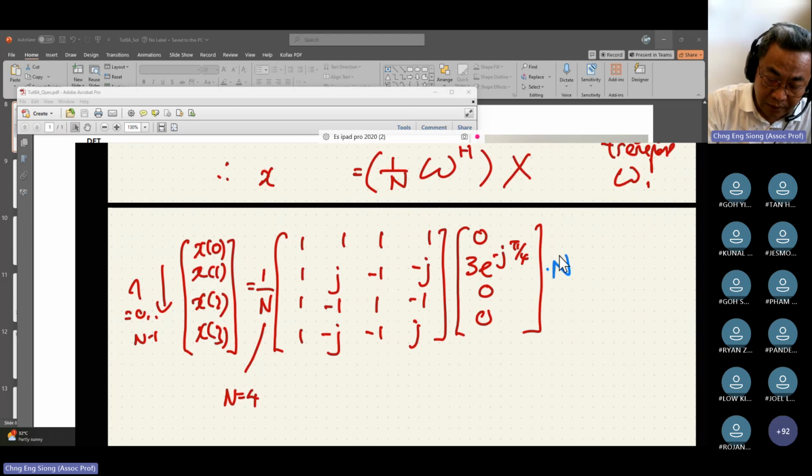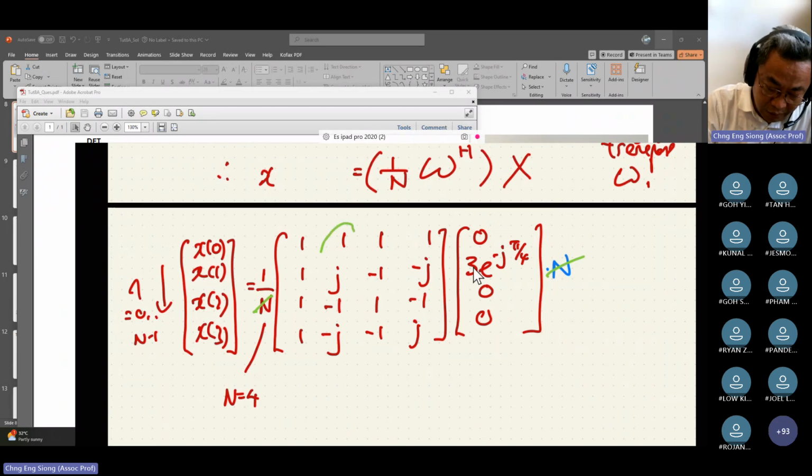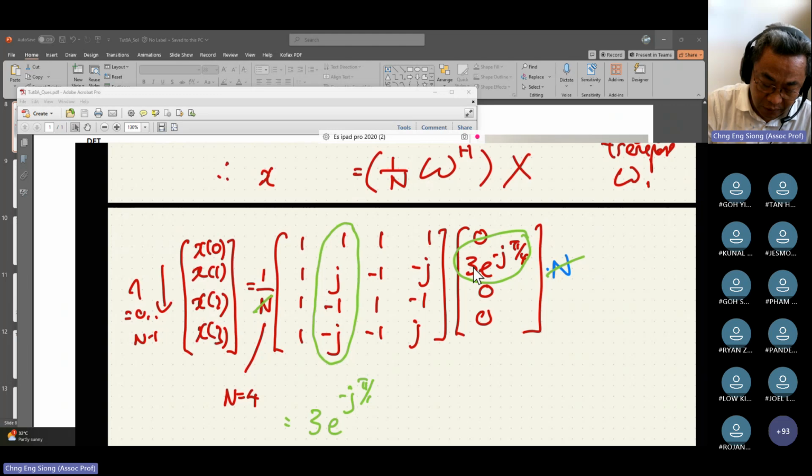Now, you realize that this n will cancel with this n. So the n's gone. This 0 is multiplying with the first column. Useless. This first column is not used. So I'm using this column scaled by this number. So the answer is 3e^(-jπ/4) times this column, 1, j, minus 1, minus j.